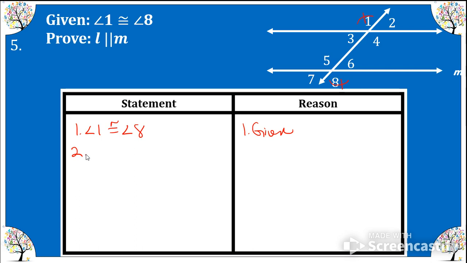Okay, let's see what else we have. So we know that angle 8 and angle 5 are congruent. Vertical angles are congruent. If 1 is congruent to 8 and 8 is congruent to 5, I can conclude that 1 and 5 are congruent.